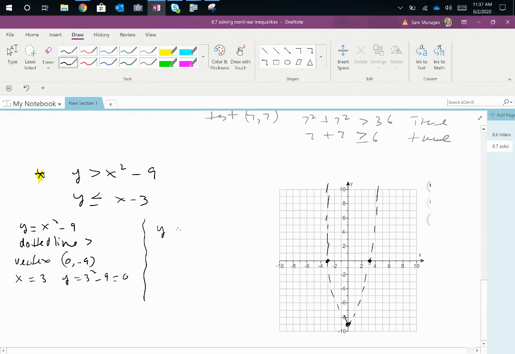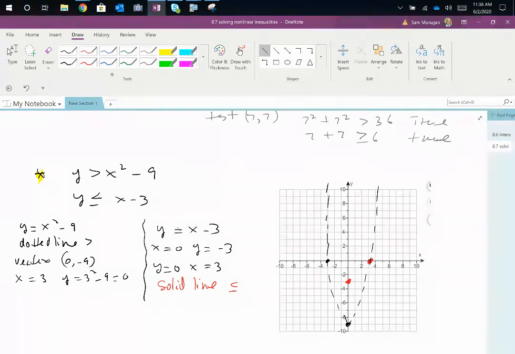It's a solid line. When x is equal to 0, y is equal to negative 3. When y is equal to 0, x is equal to positive 3. So we have intersections at negative 3 and positive 3. Solid line, since we're dealing with less than or equal to. So solid line through these points.